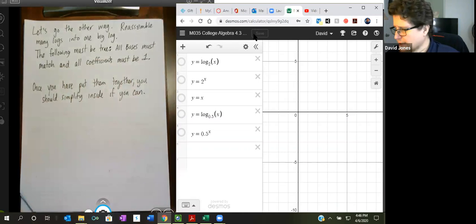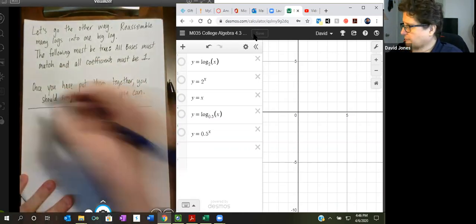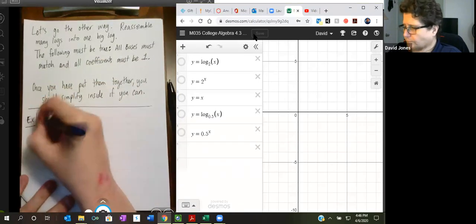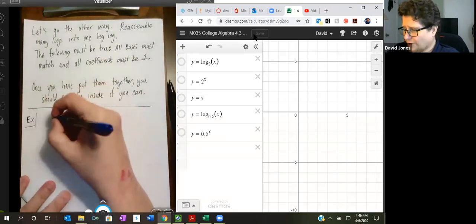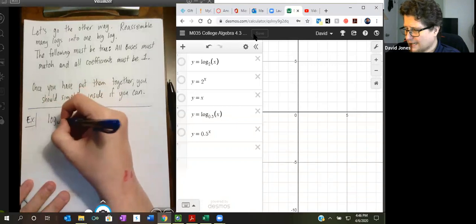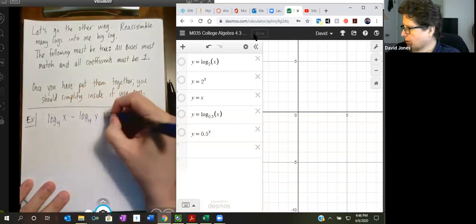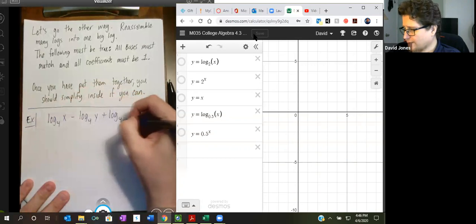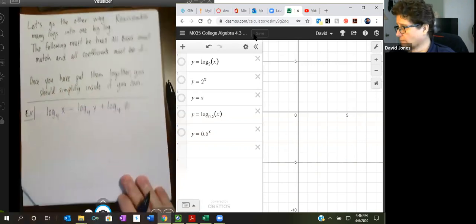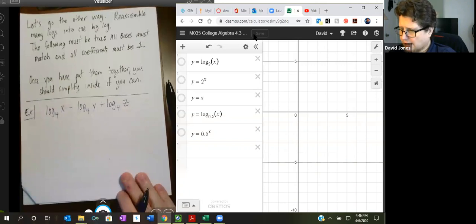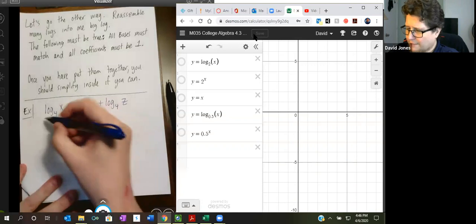So let's look at some examples. Example 1. We're going to have log base 4 of x minus log base 4 of y plus log base 4 of z. You can do them one at a time if you'd like.